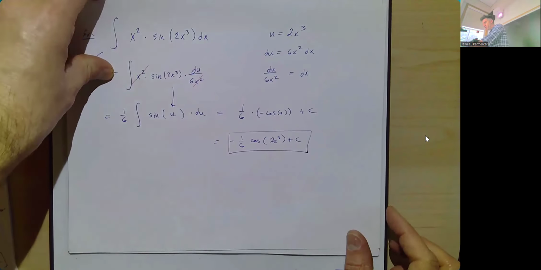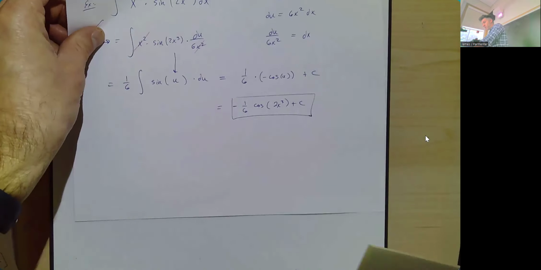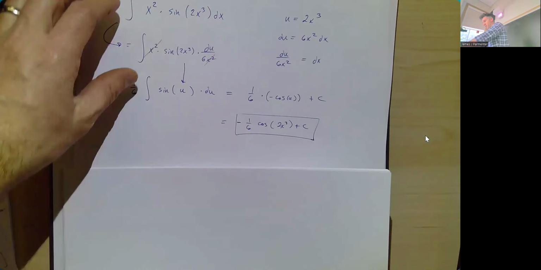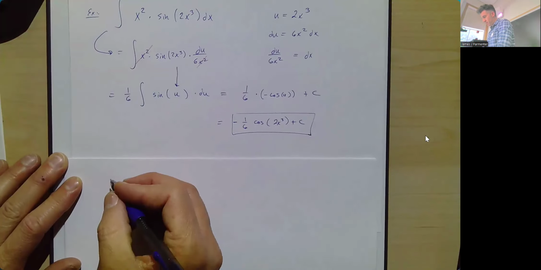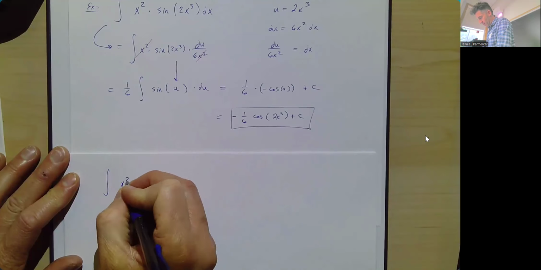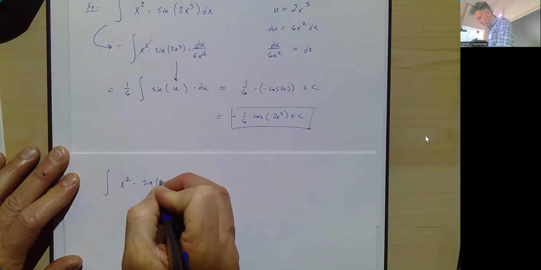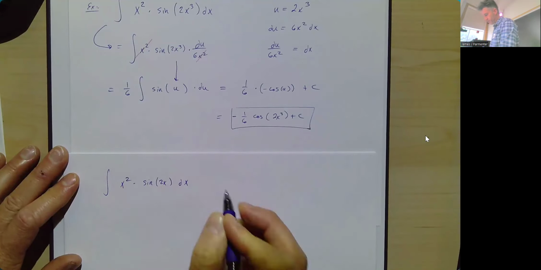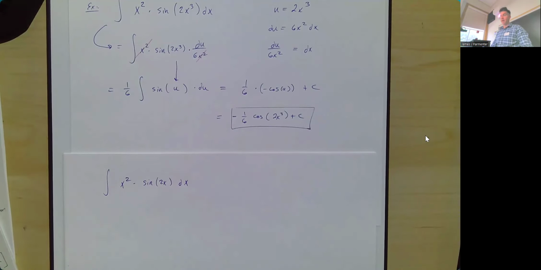Versus a mixture where we're going to use integration by parts. So let's say we had instead the integral of x squared times sine of 2x. And now a u sub is not the right choice.